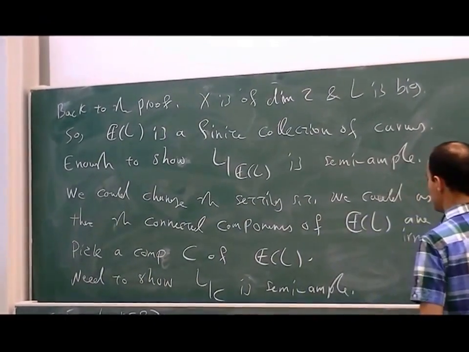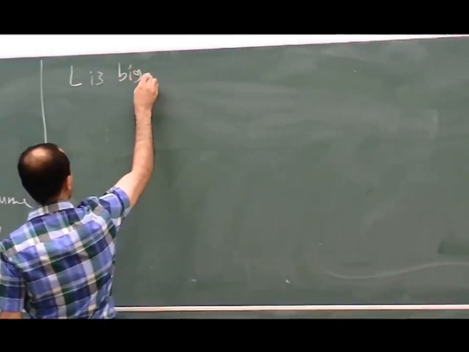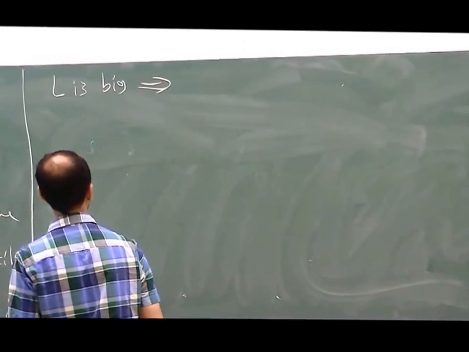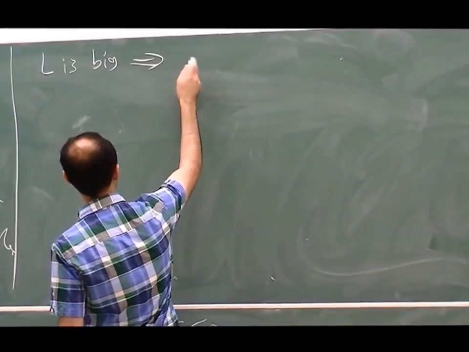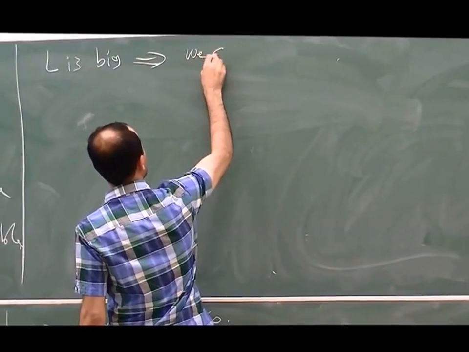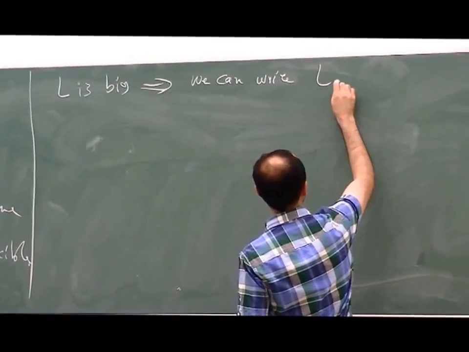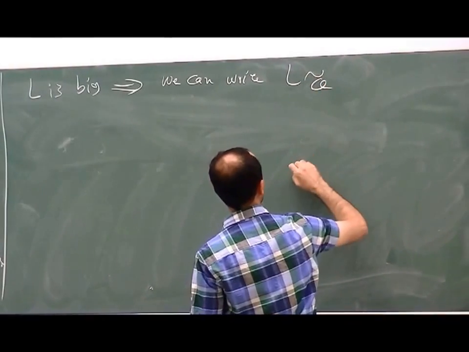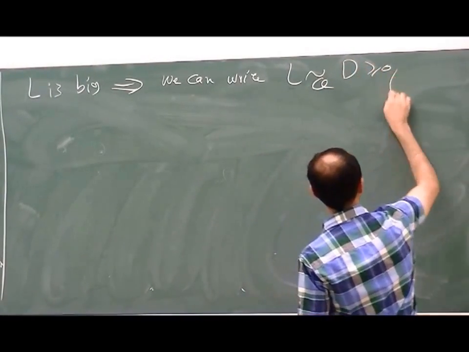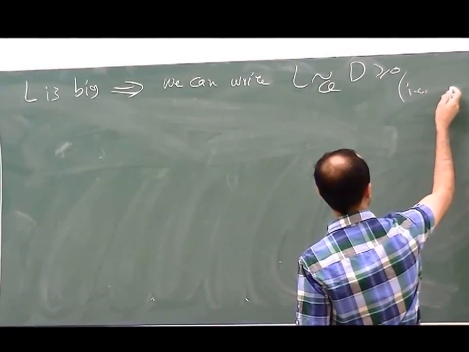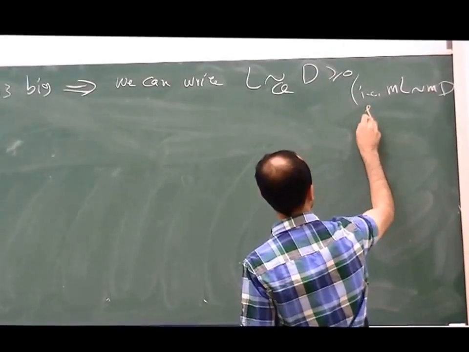Okay, how do we do this? Well, now L is big, therefore, for not so difficult reasons, again, more or less simple reasons, we can write L linearly equivalent, but only up to rational numbers. So here it means that mL is linearly equivalent to mG.